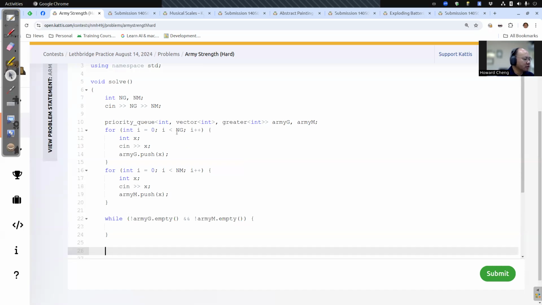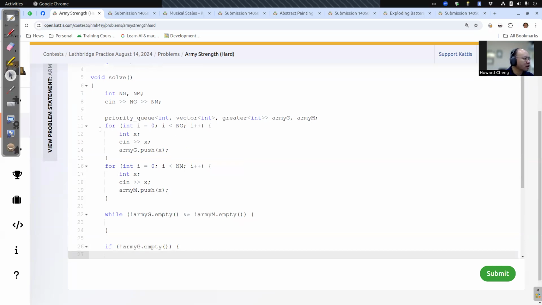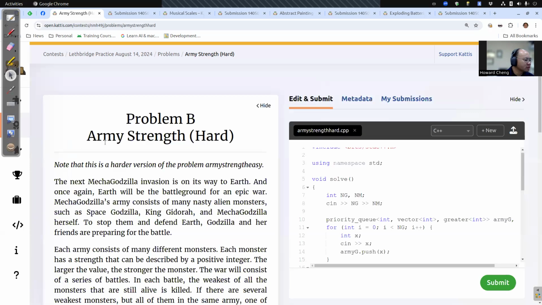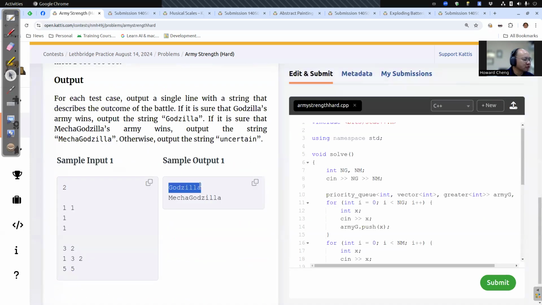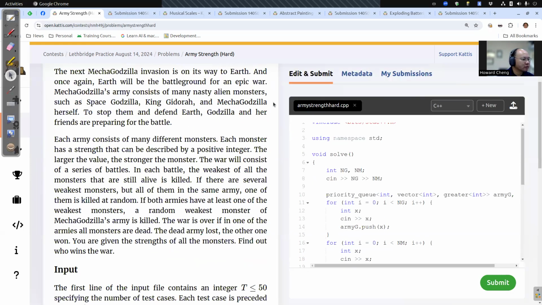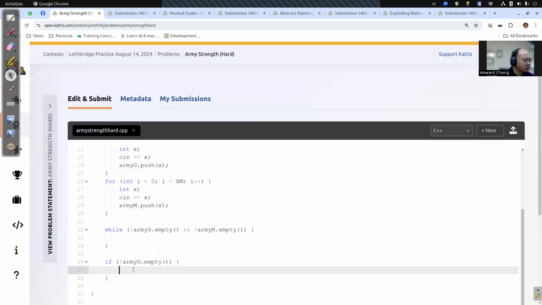And then at the end, if not army G is empty, then what am I supposed to write? Godzilla. cout Godzilla, and else cout Mecha Godzilla.